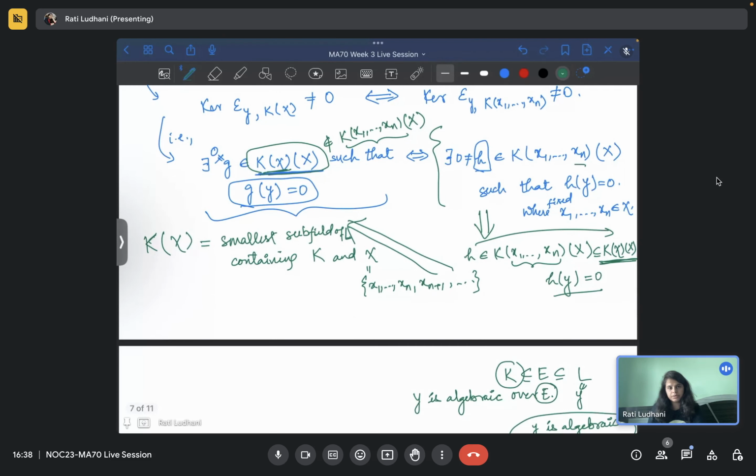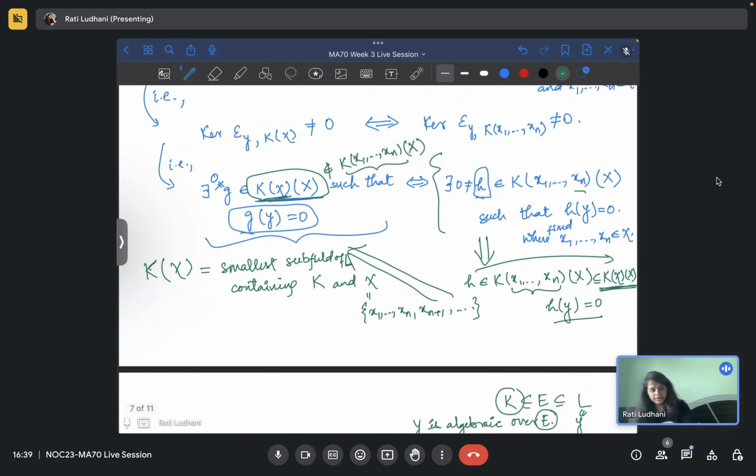If it is algebraic over a smaller field, then it is algebraic over a bigger field also, because the polynomial we are getting has coefficients from that field. And if we extend that field, we can still take the same polynomial, because the extended field also contains the smaller one. Exactly. Sorry, I misunderstood what you were saying. Is that okay for everyone?